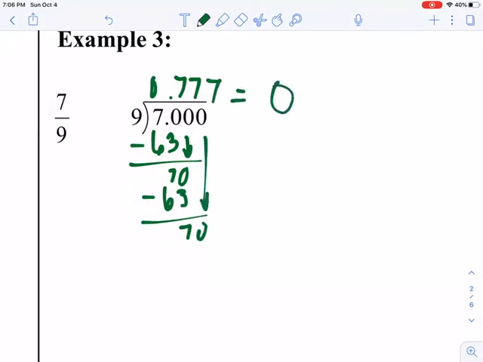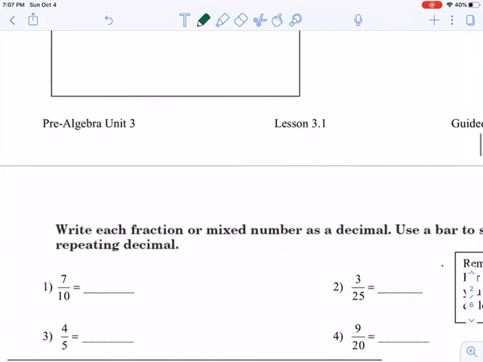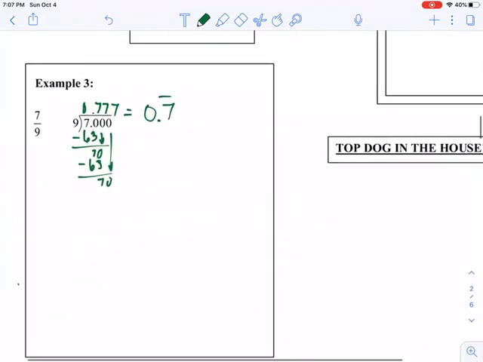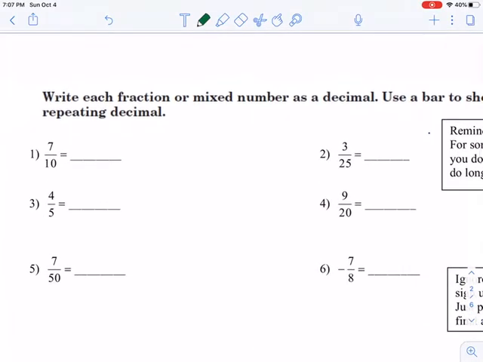So we can write this one with our bar notation. Now you will notice when we get to the bottom something special about example 3. Go ahead and practice with these, and you can turn your video off or on pause for a minute and then come back and check your answers.